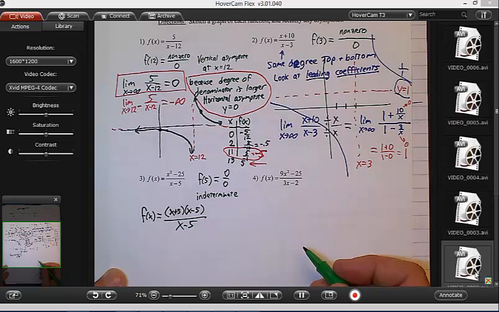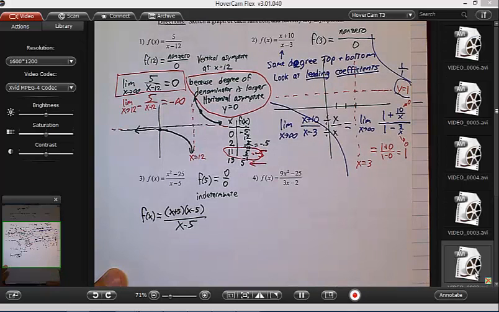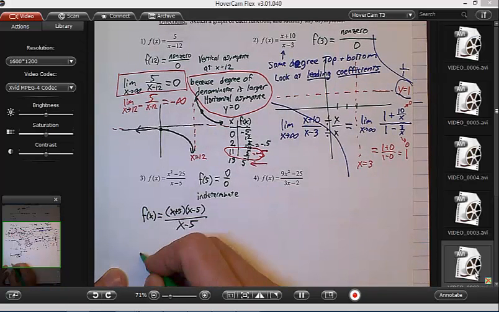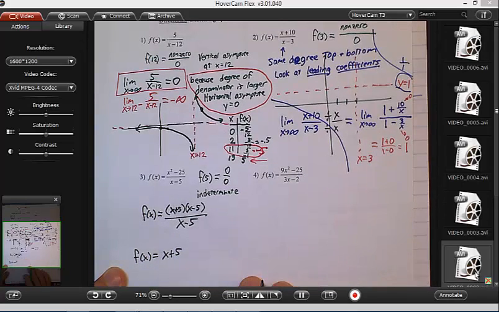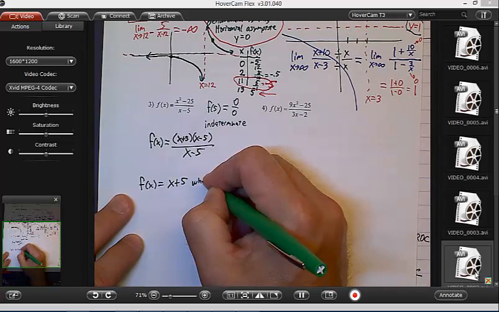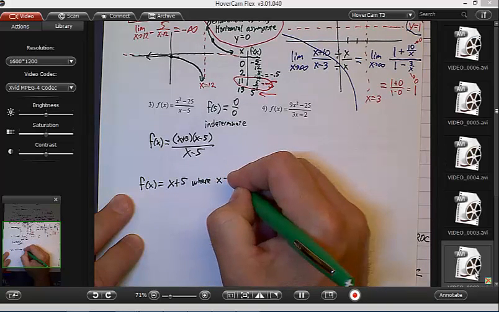And can I cancel? Well, I guess so, as long as I'm careful to understand that I know the domain of this function, right? I can say that f of x is just x plus 5, where x is not allowed to equal what?